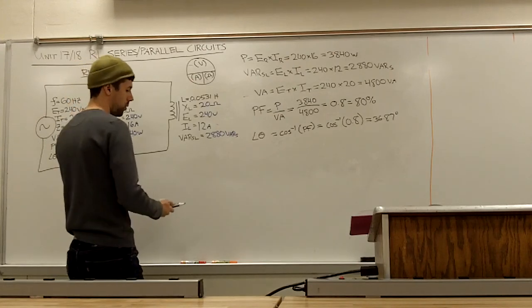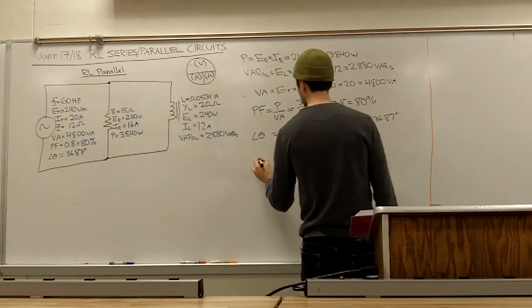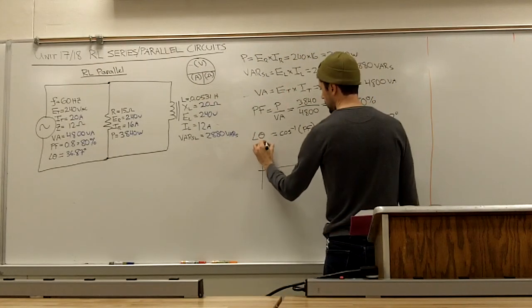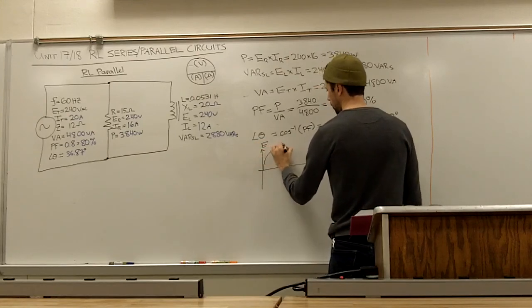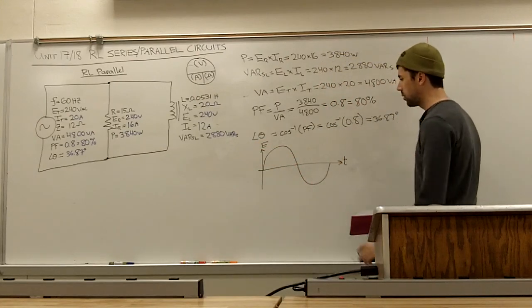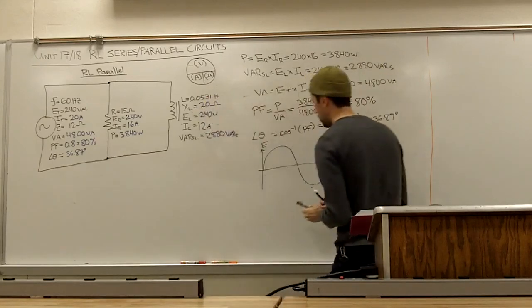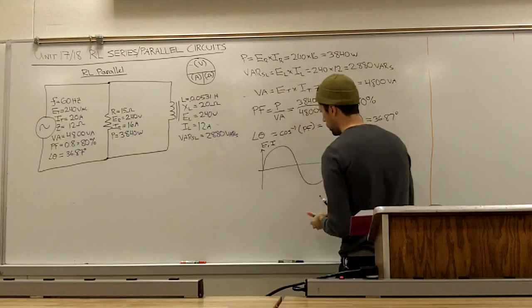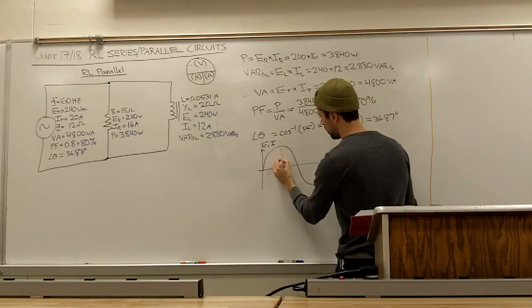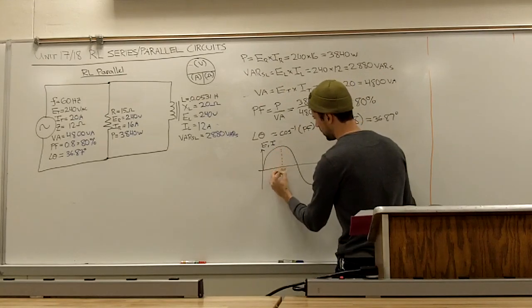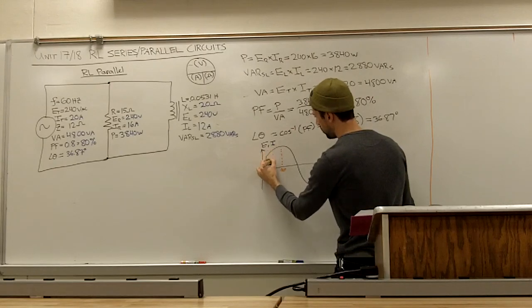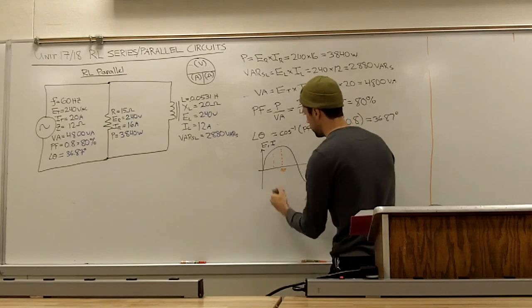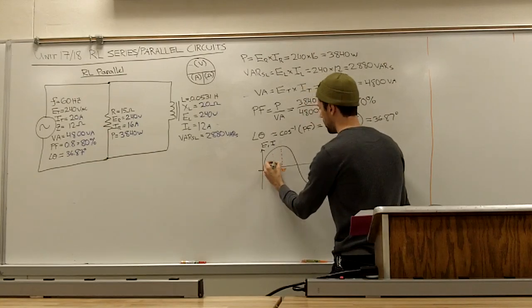And so, if I was going to graph the relationship between voltage and current and draw their AC waveforms, it would look something like this. Once again, voltage always starts at 0, that's our reference, and then the current in blue is going to look something like this. So here is 90 degrees, about halfway would be 45, so 36 is about right here.